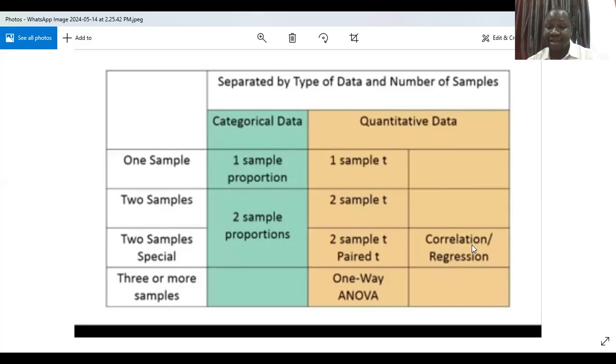When we are comparing things and you have more than two samples, that's when you use ANOVA. When you have two samples and you are comparing things, then you are using a t-test. You now have to factor in: is it a one sample t-test, a two sample test, a two sample paired test, or a two sample unpaired test? So you can rewind the video and look at how I explained this.